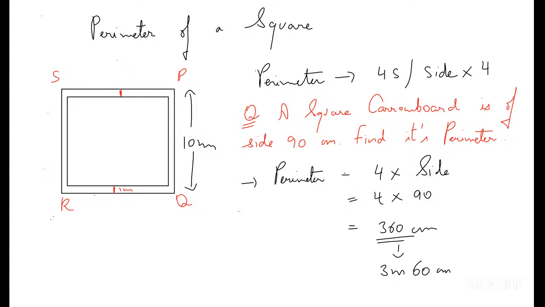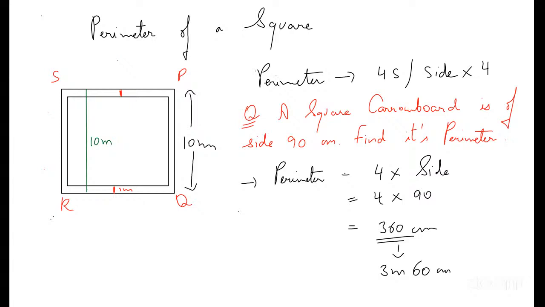Ma'am, I'm not understanding. Okay, now look at it this way. I'm drawing the lines from here to here. This whole thing is 10 meter. Now they say there is a boundary and the width between both of them is 1 meter.